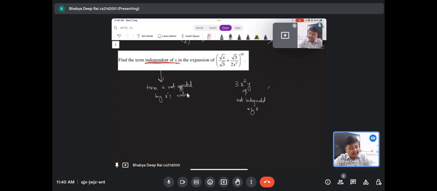But if you have something like 4x cube y by x square z, okay, then this term is independent of x.